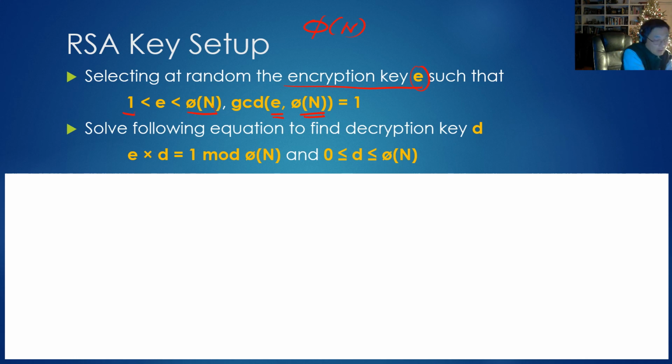Now, if this is the case, it's guaranteed that there is a multiplicative inverse of E modulo phi of n. In other words, we can guarantee to find another key D, which is a multiplicative inverse of E modulo phi of n.